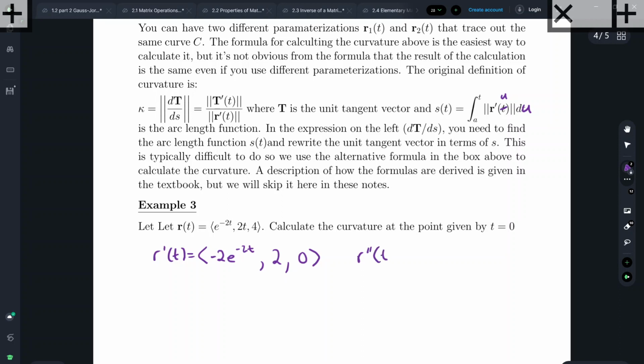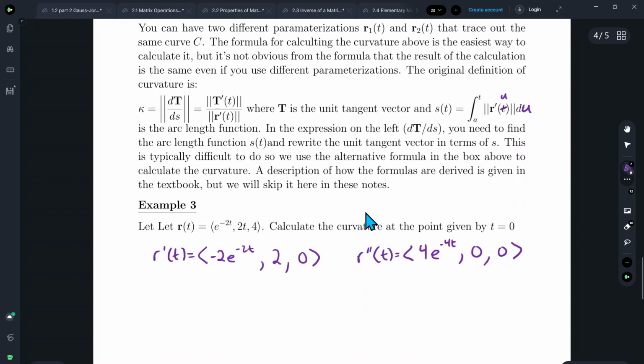And then now we calculate the second derivative. Again here, the chain rule, the minus 2 comes down, so negative 2 times negative 2 gives you 4. So you get 4e to the minus 4t, comma, the derivative of a constant, again, is 0, so that's 0, and then this is also 0.